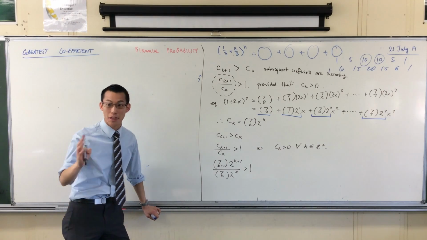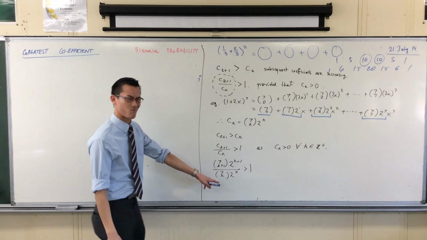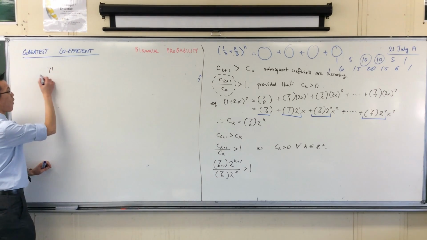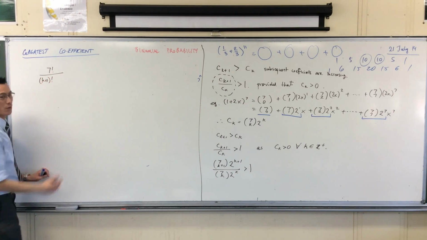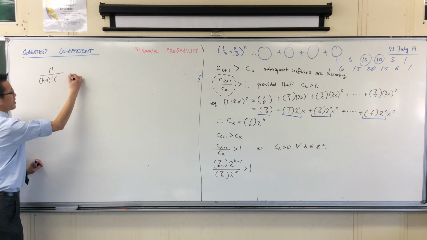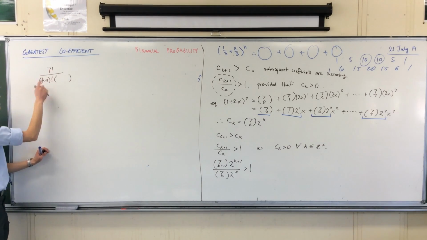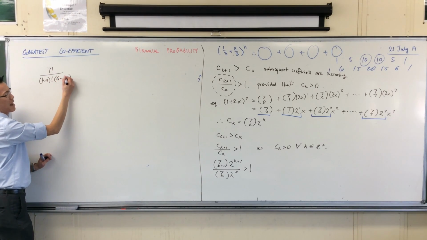Do you remember what the binomial theorem told us the definition of this was? It starts with 7 factorial over, I think it's k plus 1 factorial. Now, there's another factorial here, but what is it? Yeah, it'll be this minus this, so that looks to me like 6 minus k factorial.